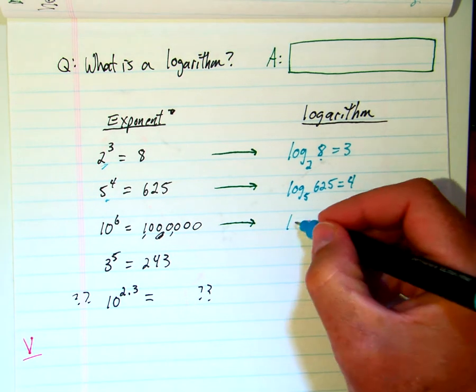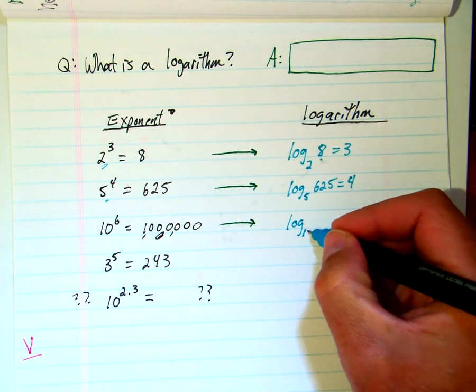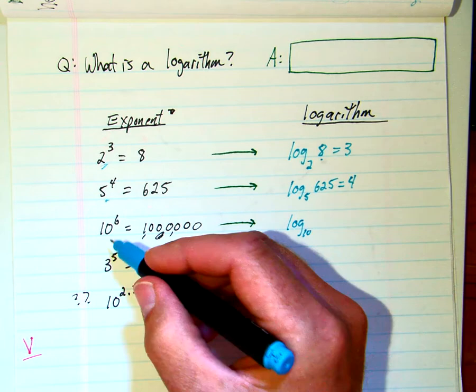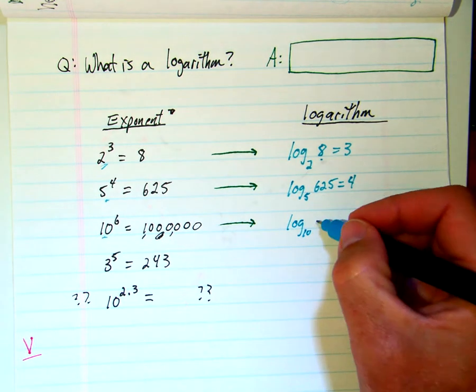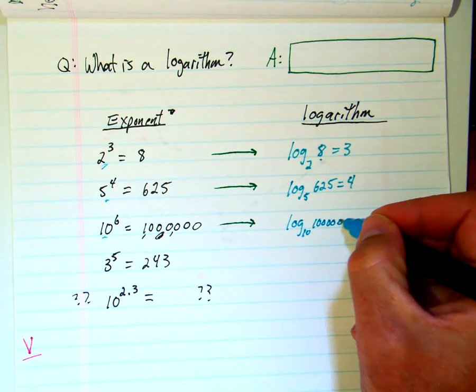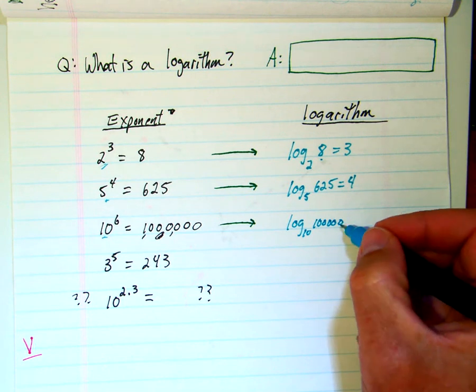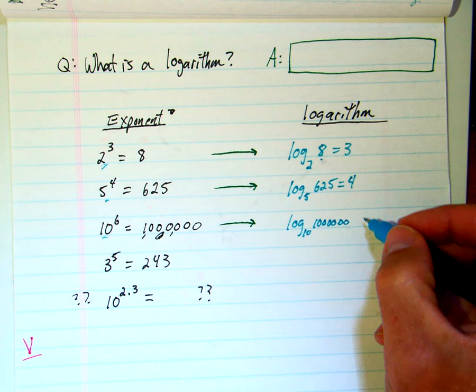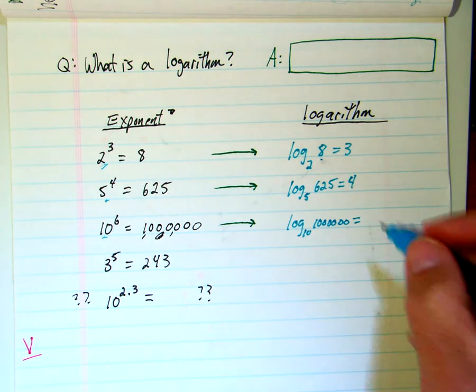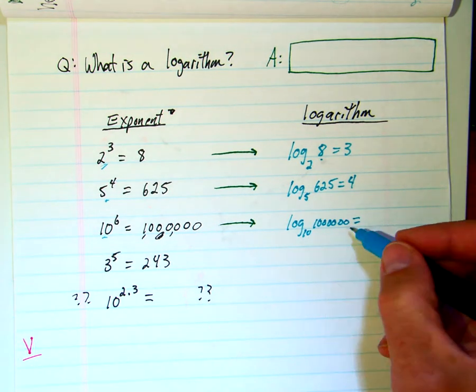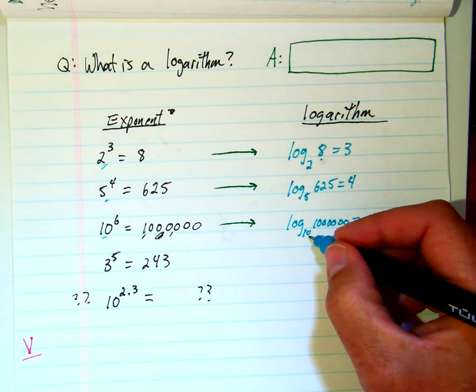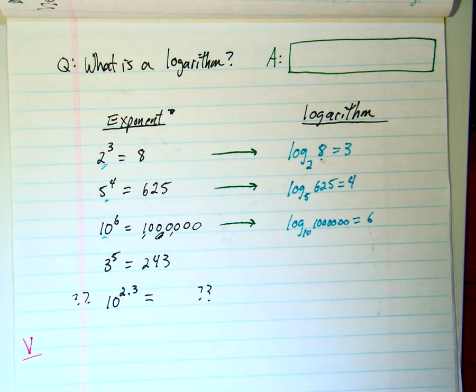So here we have log base 10, because the base is 10, of, do I have the right number? I don't know if I have the right number. I'll fix this later if I'm counting this wrong. Of 1,000,000. The zeros blur together on the page. Log base 10 of this number, that is to say 10 raised to the 6th power, is 6. Or a million.